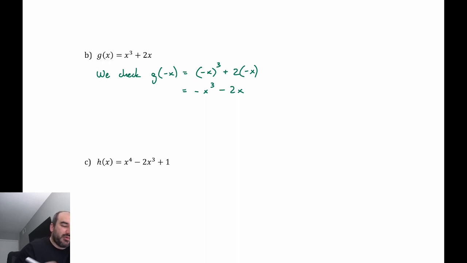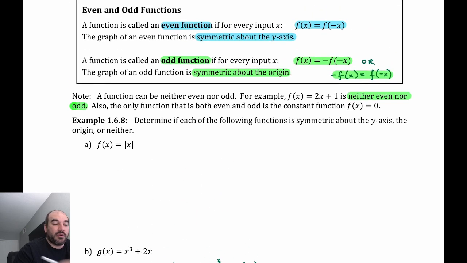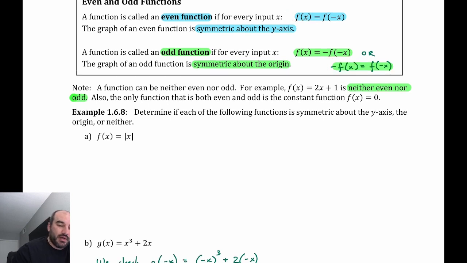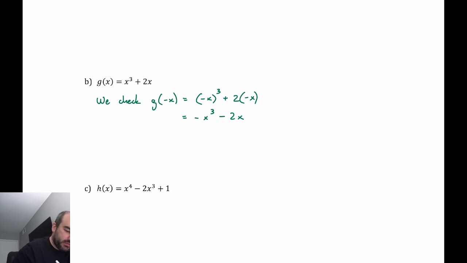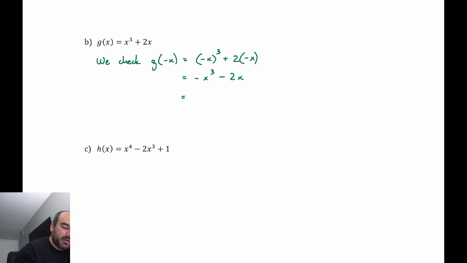Now let's remind ourselves what we're trying to get to. We're seeing if we can get back to the original function, or back to a negative times the original function. Which one does it look like we're going to get to? Negative times the original function. Yeah, so to easily see that, we can factor out a -1 from this expression and write this as negative times x cubed plus 2x in a parenthesis.